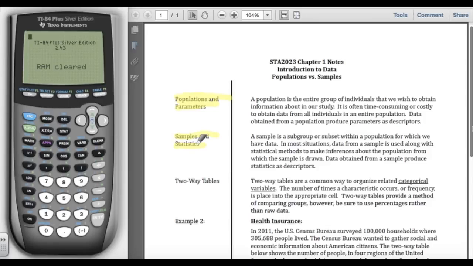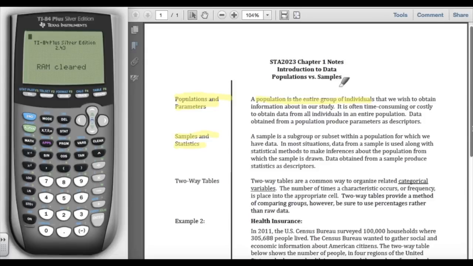But a population is the entire group of individuals that we wish to obtain information about in our study, the entire group of people or objects. So a population could be all students at TCC, could be all TI-84 calculators, could be all residents of the United States.